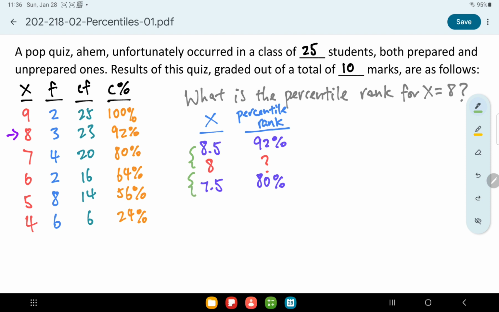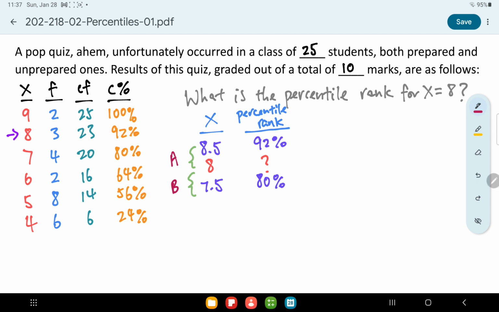The relative distance between 8.5 to 8, as well as from 8 to 7.5. As you can see, the two distances, as per the idea of interpolation, we've got distance A describing how many units apart 8.5 is from 8, as well as B, how many units apart in relation to 8 and 7.5. This is what we figure.